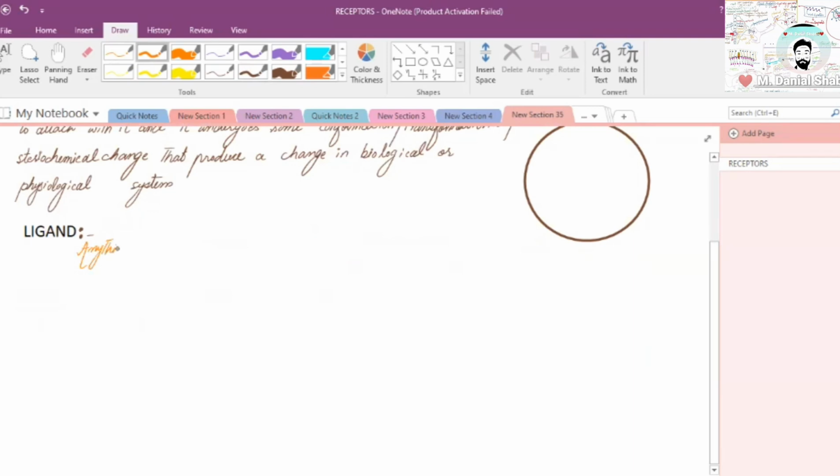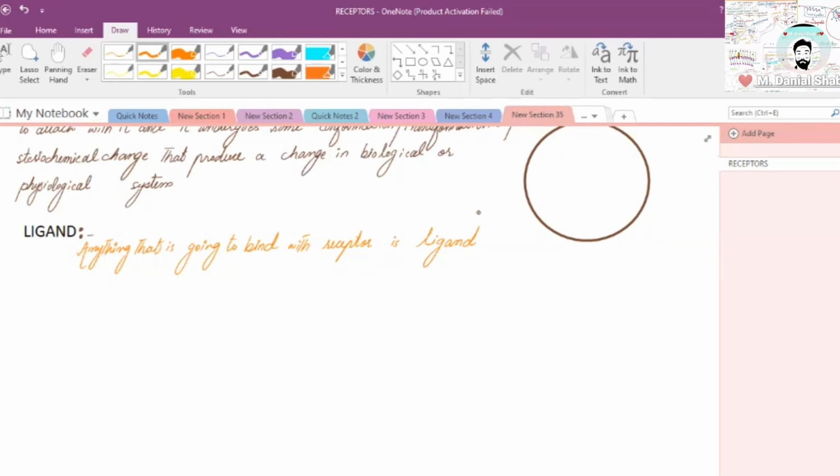Anything that is going to bind with a receptor is a ligand. It is a very basic, very easy definition of ligand.